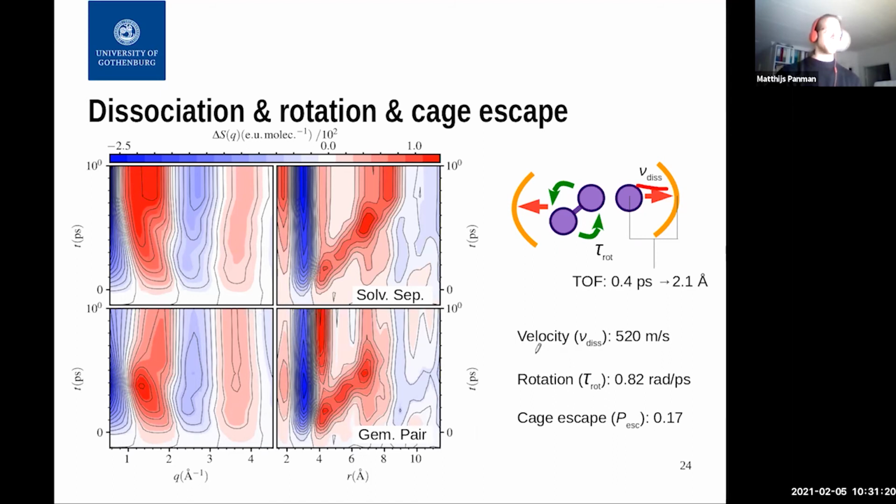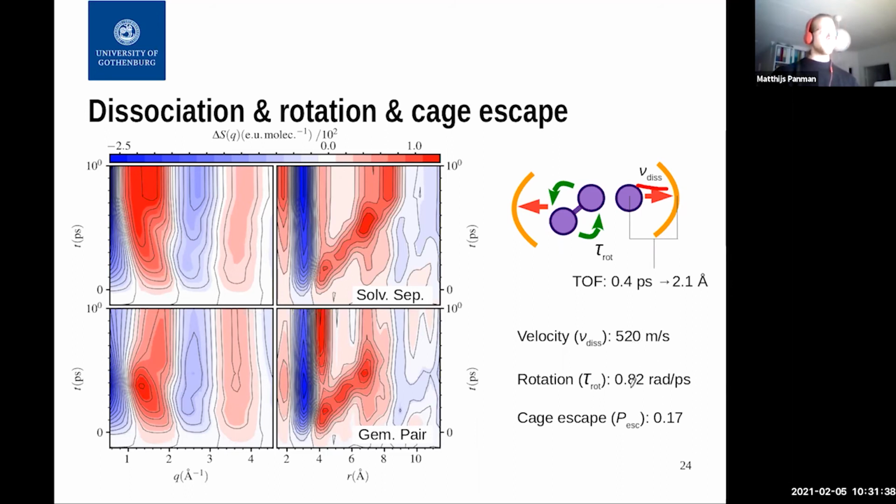We found that in water, the triiodide fragments recede with a velocity of 520 meters per second, or 5.2 angstrom per picosecond, significantly higher than the diatomic molecule.